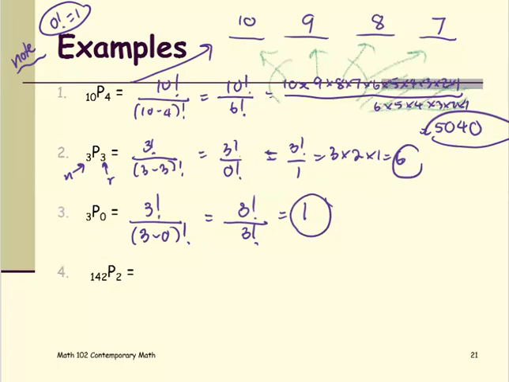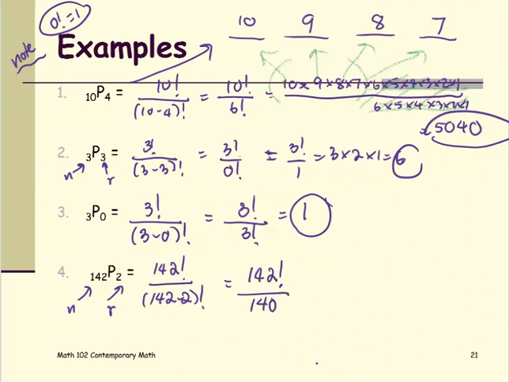The next one, n is 142. So 142 factorial divided by 142 minus 2 factorial. The n is 142, the r is 2, and it simplifies to 142 factorial divided by 140 factorial. When we do it by hand, we can expand as 142 times 141 times 140 times 139, and then keep going until you multiply by 2, multiply by 1, which is the lowest positive integer.